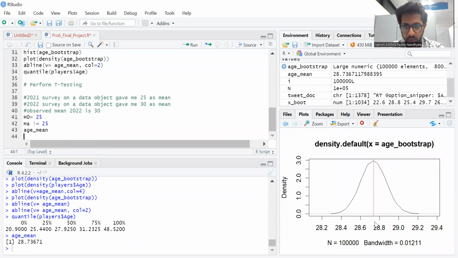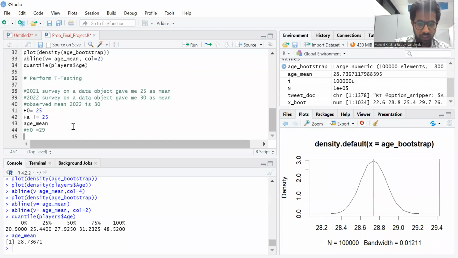So this is 28.7. I will check whether my null hypothesis of 29 holds. I'm assuming the H naught value to be 29, and I am going to perform the t-test.